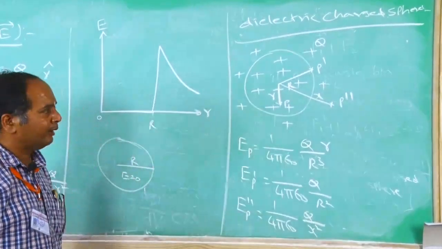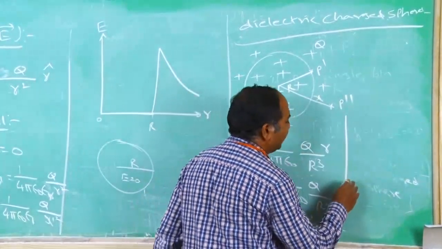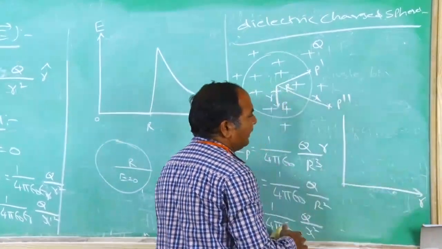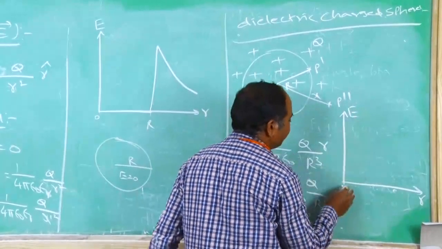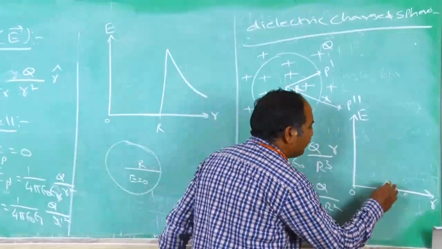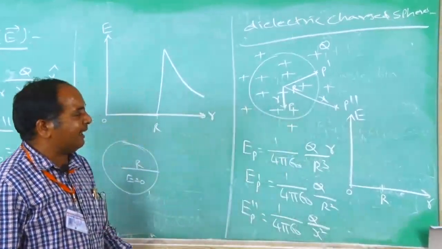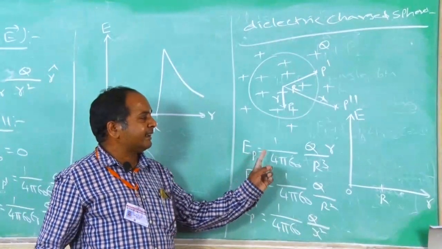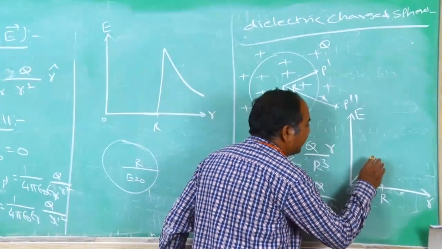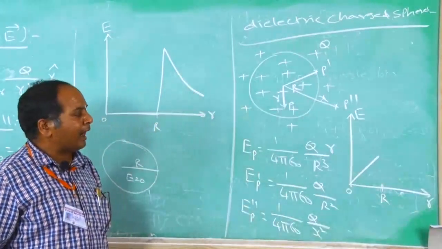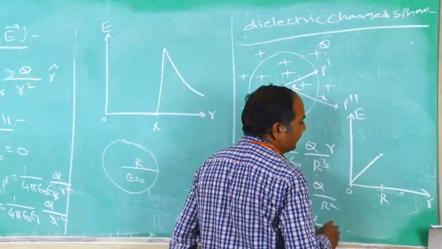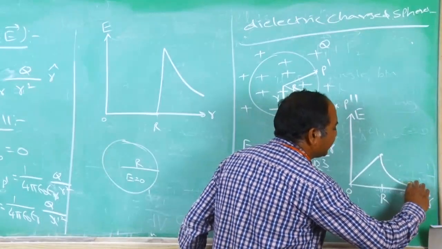If you plot a graph between electric field and distance for this dielectric charged sphere, with R marked, inside the field is directly proportional to r, so we obtain a straight line up to R. After that, at R it becomes maximum, and then it decreases exponentially.